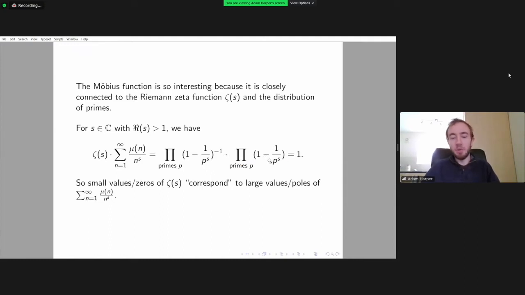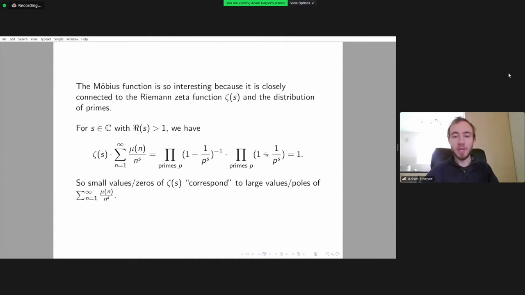And at least if you don't worry about convergence, this is easy to check, because if you expand out the product over primes, what do you get? Well, you can get a product of any powers of primes that you want in the denominator here, these p to the s factors. But you can only get one copy of every prime, because I only have 1 over p to the s in every bracket here. So I can only get square-free numbers n in the denominator here. I can't get p squared factors, for example.